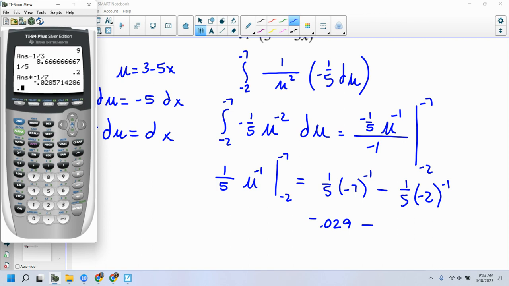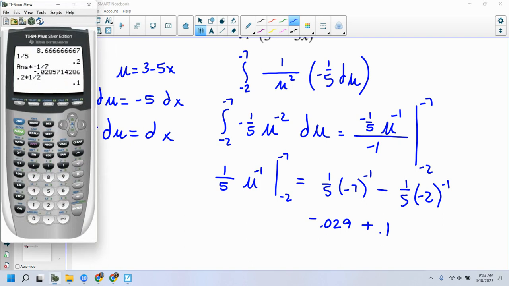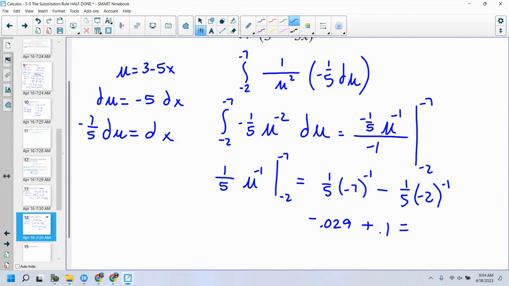I get rid of that. 1/5, so 0.2 times 1/2, 0.1. And that's negative 0.1, so plus 0.1. So negative 0.029 minus 0.1 gets me negative 0.129.